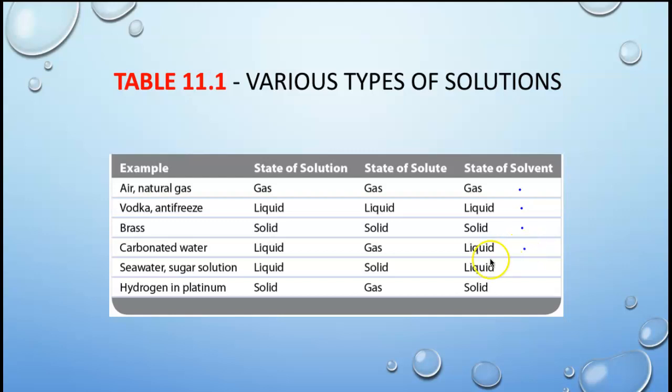You can have a gas dissolved in a liquid, like a carbonated soft drink. You can have a solid dissolved in a liquid. Those are the solutions I was talking about that tend to be most common, something like a sugar solution or most of the solutions that we would make in lab. And then you can also have a gas dissolved in a solid. The point is I just want you to see that there are lots of different solutions you can make. It doesn't just have to be a solid dissolved in a liquid.